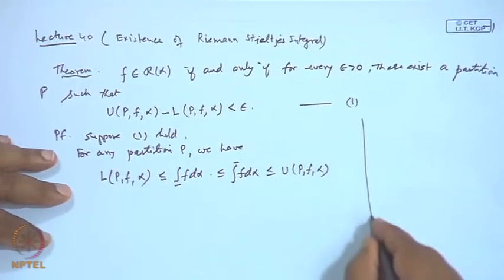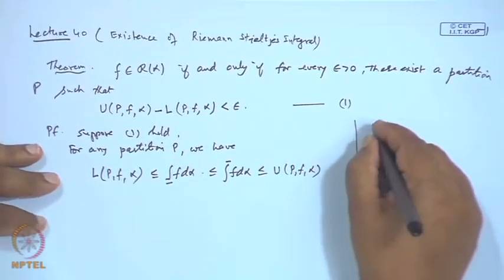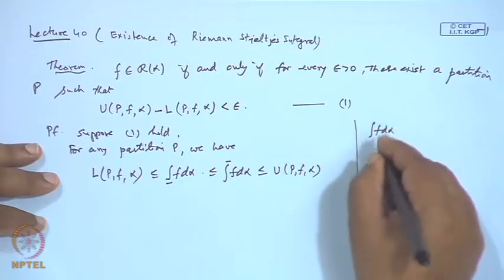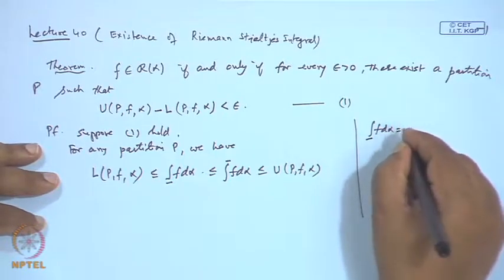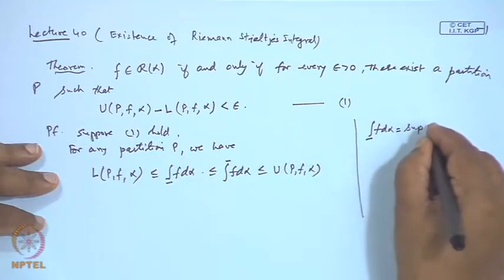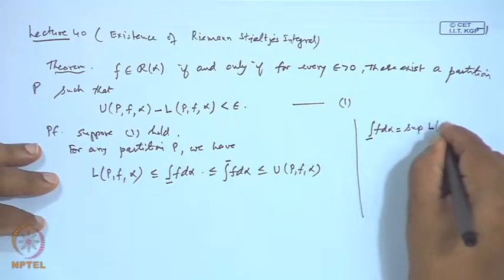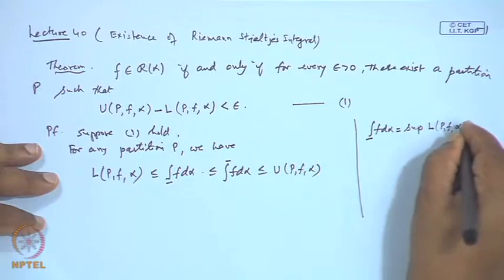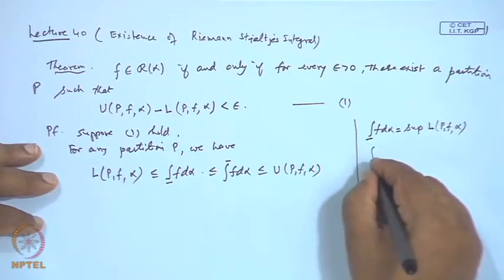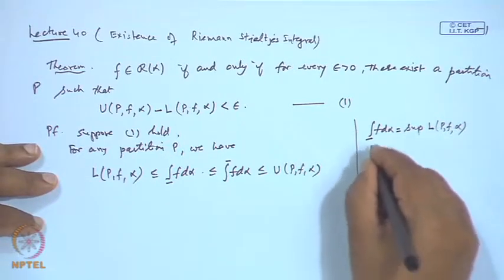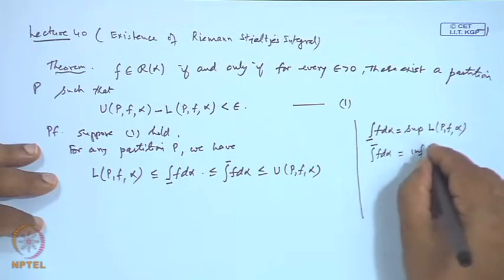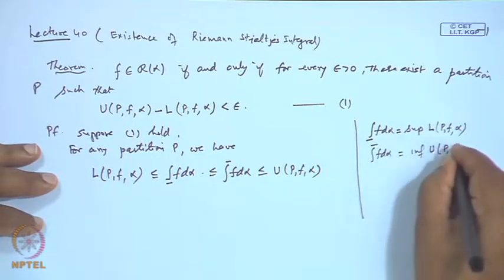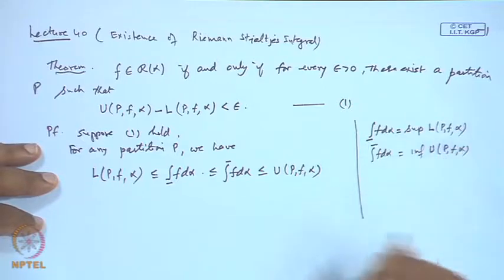discussed, because the lower Riemann-Stieltjes integral is defined as the supremum of the lower sums of f with respect to alpha, while the upper Riemann-Stieltjes integral of the function f is defined as the infimum of the upper sums of f with respect to alpha.